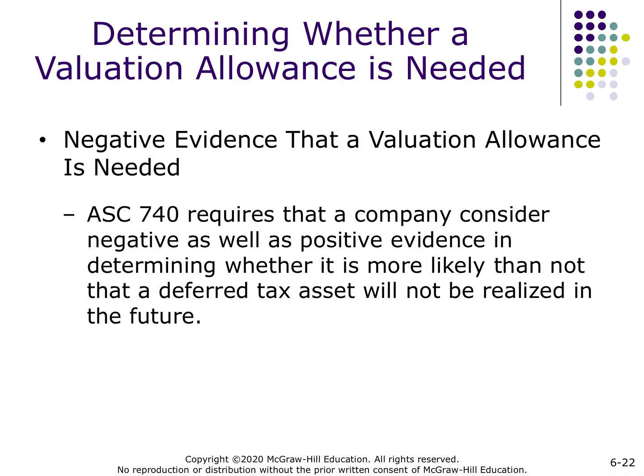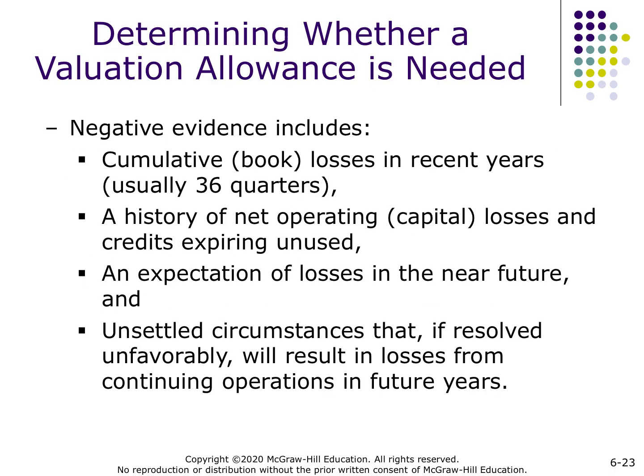All right, so a company is not allowed to only consider positive evidence. They also have to look at negative evidence. So if there are factors that would tell them that they need a larger valuation allowance, then they also need to recognize and present that evidence.